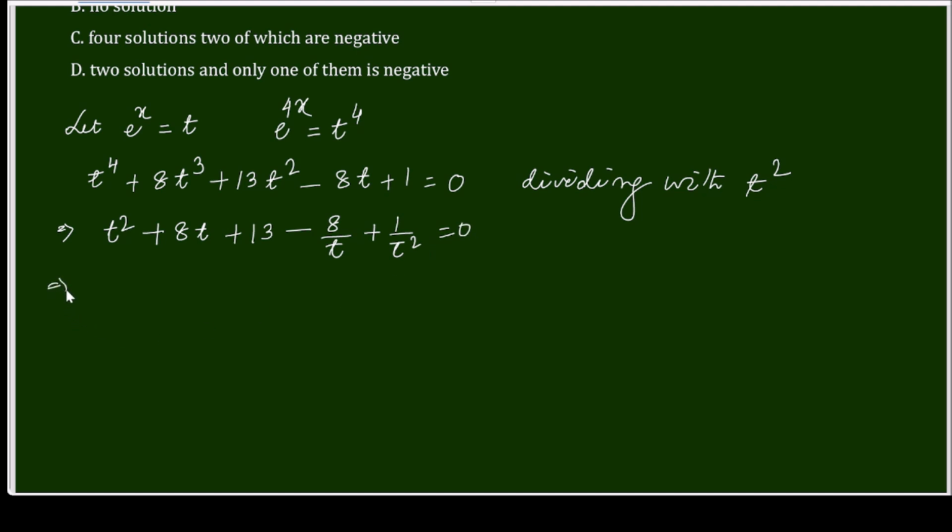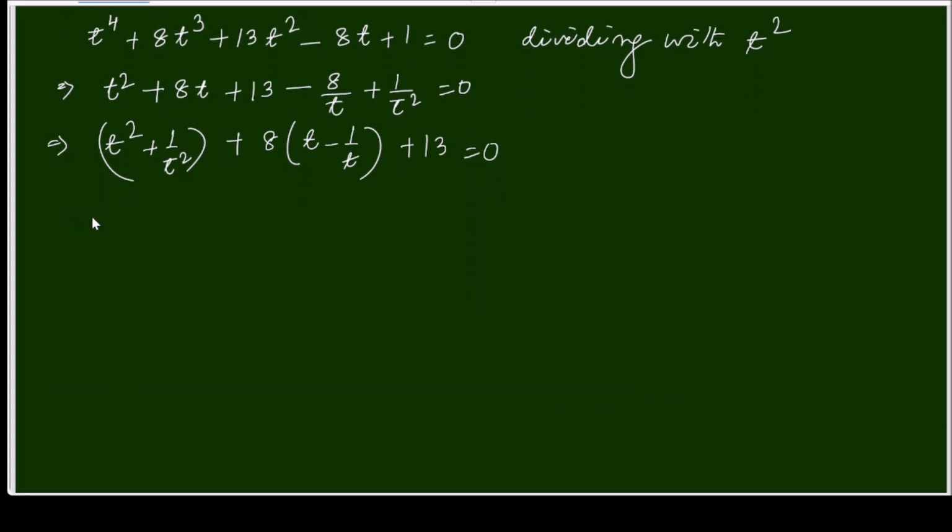Now arranging them, I'll take t^2 and 1/t^2 together, and here 8 times (t - 1/t) plus 13 equals 0. Now let us take t - 1/t equals z. Then t^2 + 1/t^2 equals z^2 + 2.